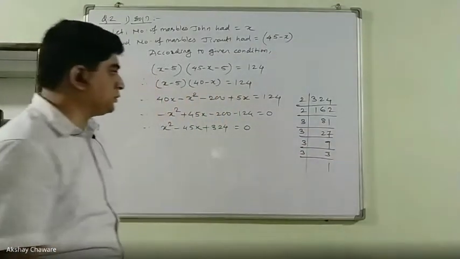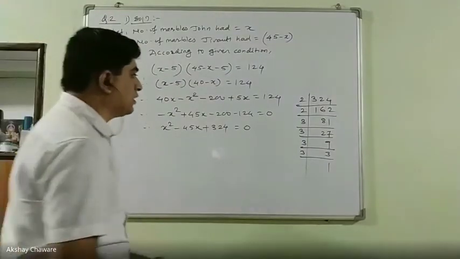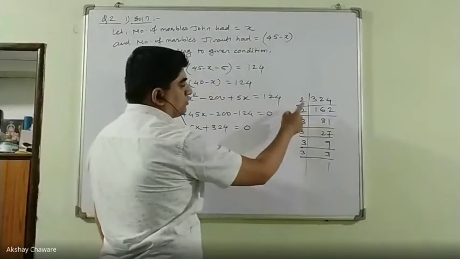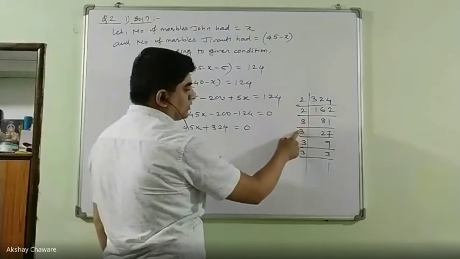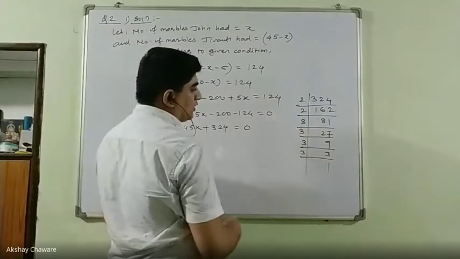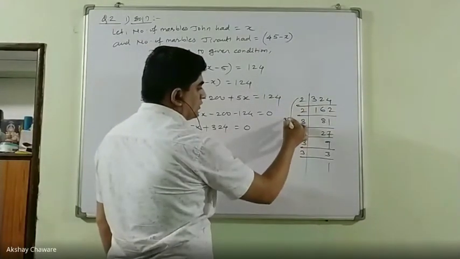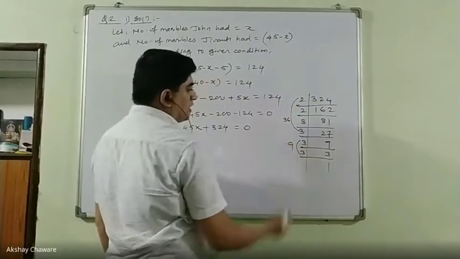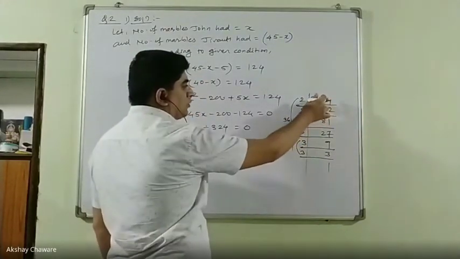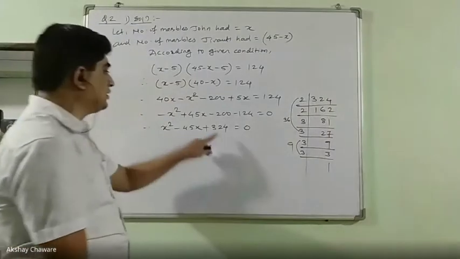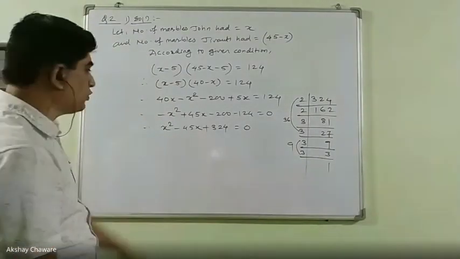Then try to pair up. 2 twos are 4, 4 threes are 12, 12 threes are 36, and 3 threes are 9. So this is 36 and this is 9. Now 36 into 9 is 324, and 36 plus 9 is 45.